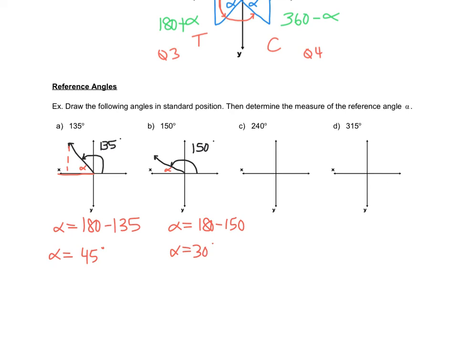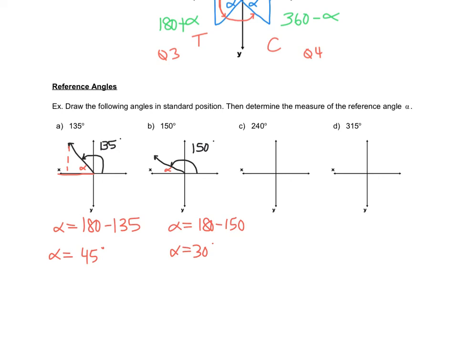Now, the whole purpose of these related acute angles is that the ratio of sine, cos, tan of, let's say, 30, is going to be the exact same ratio as 150 degrees, except one of the ratios will be positive and the other two will be negative, depending on what quadrant you are in.